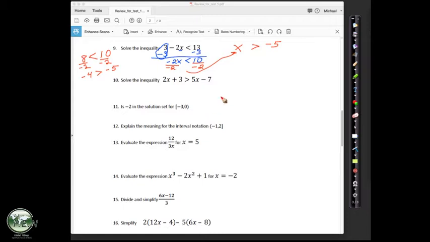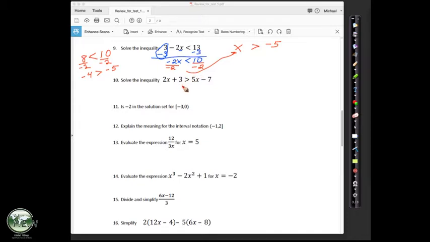But we have to remember to flip it. I guarantee you, on the multiple choice, you will also see x less than -5. If you forget to flip it, you'll think, oh, there's my answer, I must be right. But because we divided by a negative, we have to flip it.